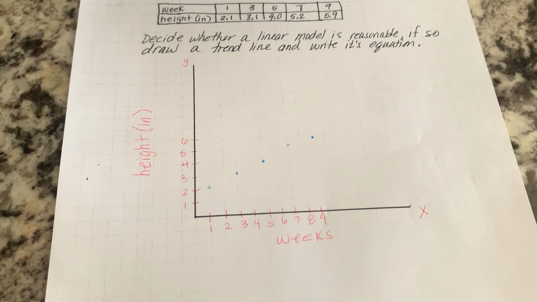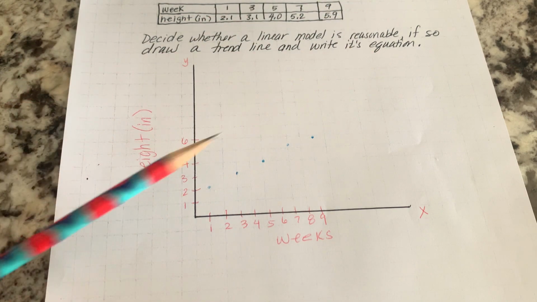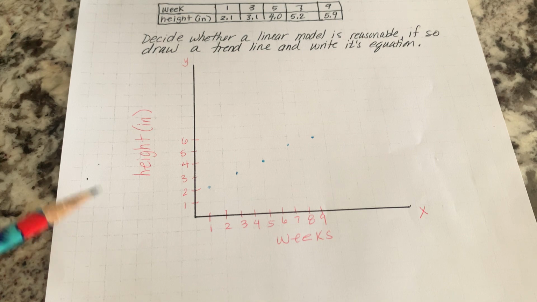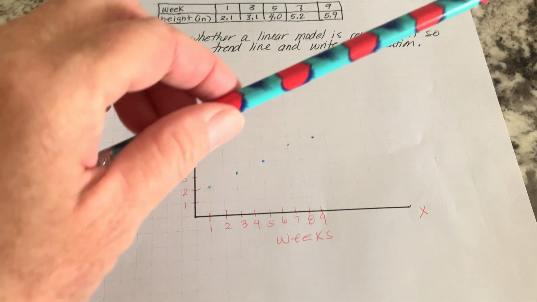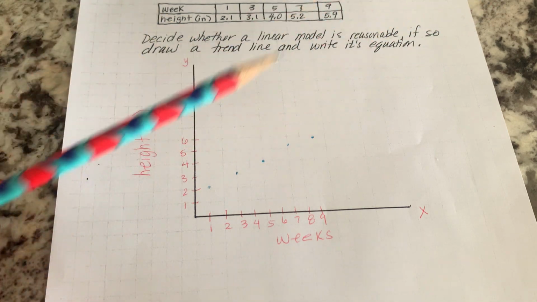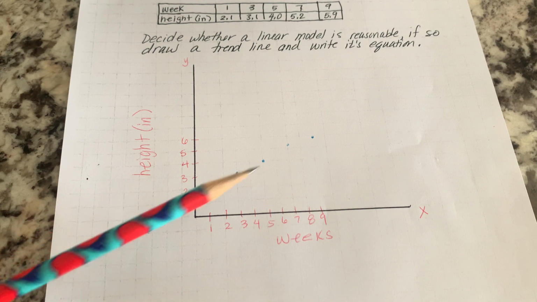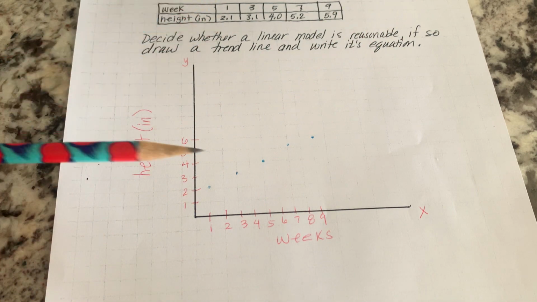So the question had asked, decide whether a linear model would be reasonable. If a linear model is reasonable, you can kind of tell: is the scatter plot going in the same kind of direction? Are all the dots kind of lined up? We call that correlation.